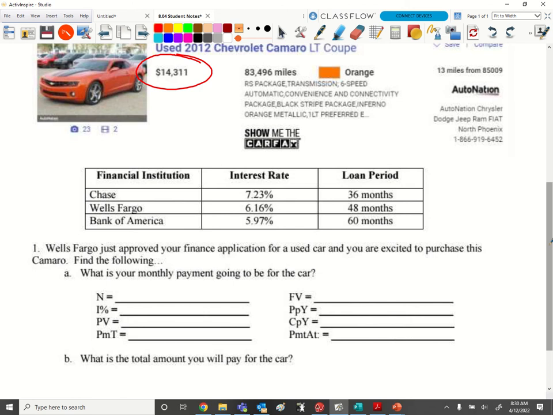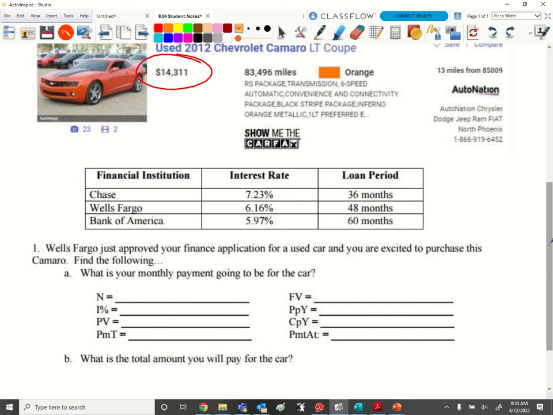Wells Fargo just approved your finance application for a used car and you're excited to purchase this Camaro. What is your monthly payment going to be for the car? Okay, Wells Fargo said yes. So what information does that give us from Wells Fargo? What about months?